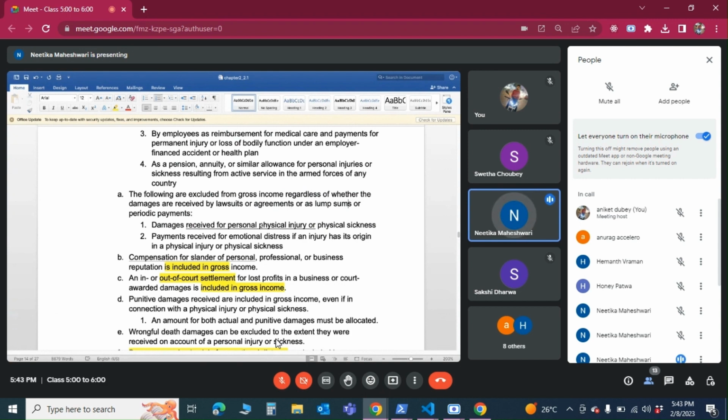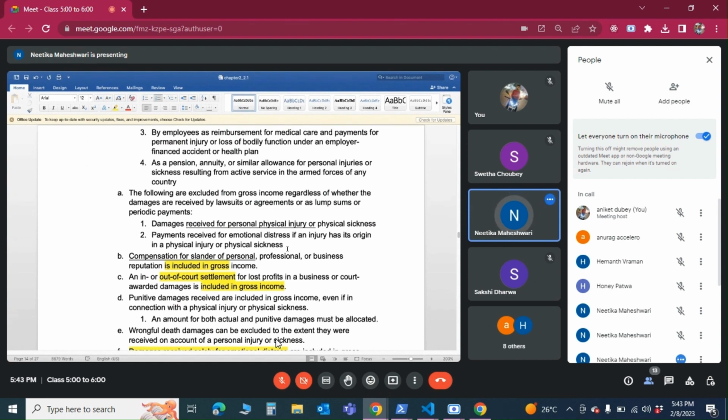But it has to be a personal physical injury. The employee cannot just come and say, oh, I'm very anguished or I've got some emotional disturbance going on, so I need that. No, it has to be a physical injury certified by a doctor saying that this person has really injured himself or herself.